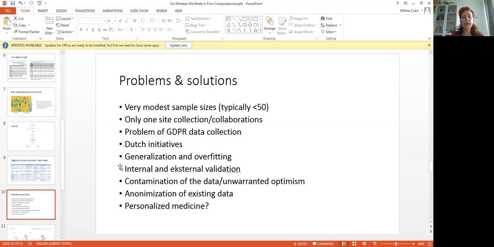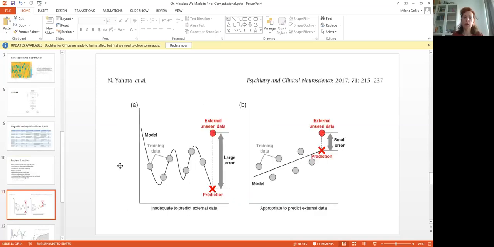The central part here is generalization, whether generalization is realistic, and we are talking about overfitting and how to avoid that. We are strongly advising internal and external validation, and especially avoiding contamination of the data, because contamination of the data and a modest sample lead directly to algorithm optimism, which is basically the fear of making fools of ourselves. This is one very straightforward explanation of overfitting, because in our work we found that the algorithm is basically trying to resemble the first data set that you present.